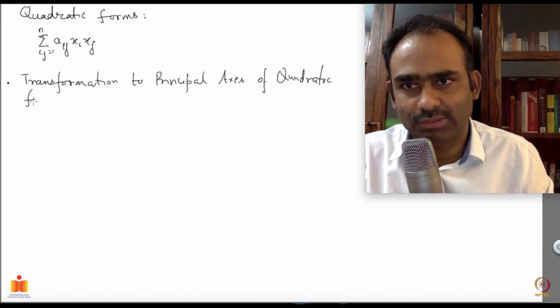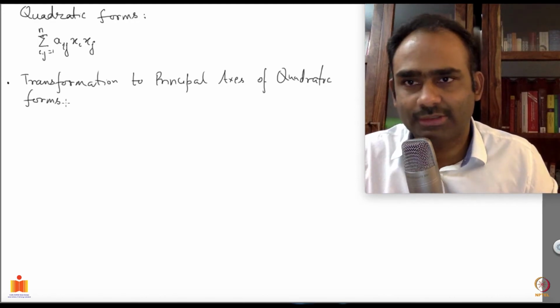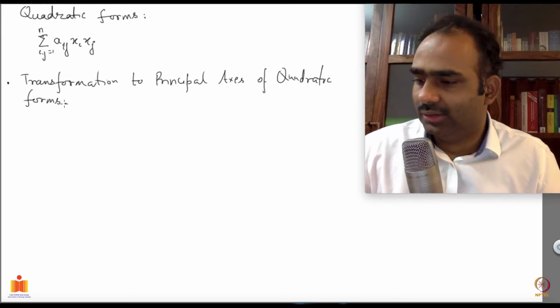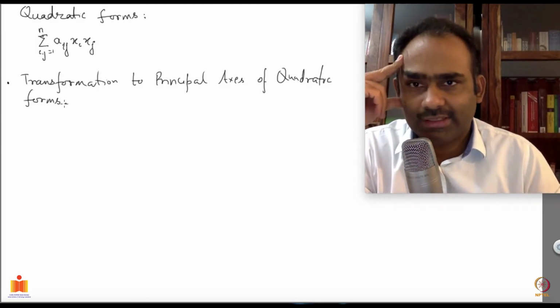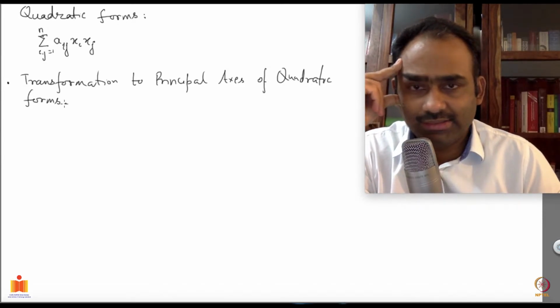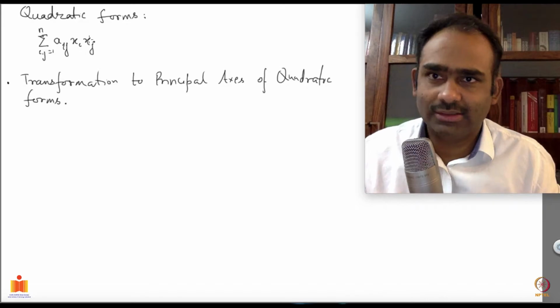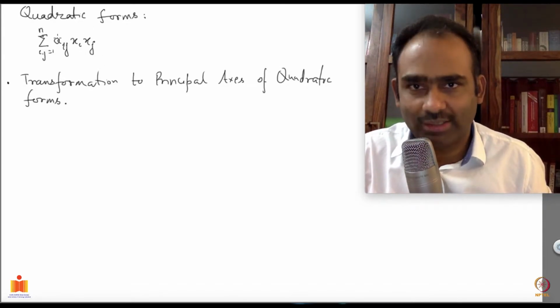So that's what we want to discuss now. What I mean by this is that we can always choose axes such that the quadratic form here becomes a sum of squares.